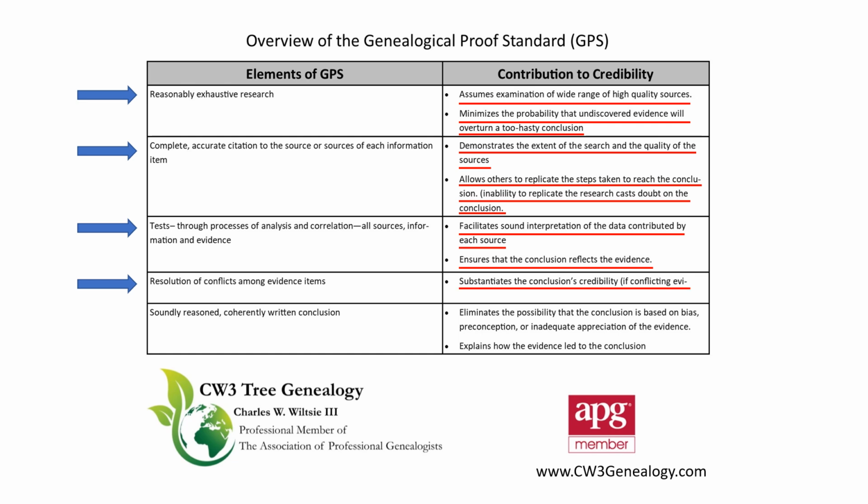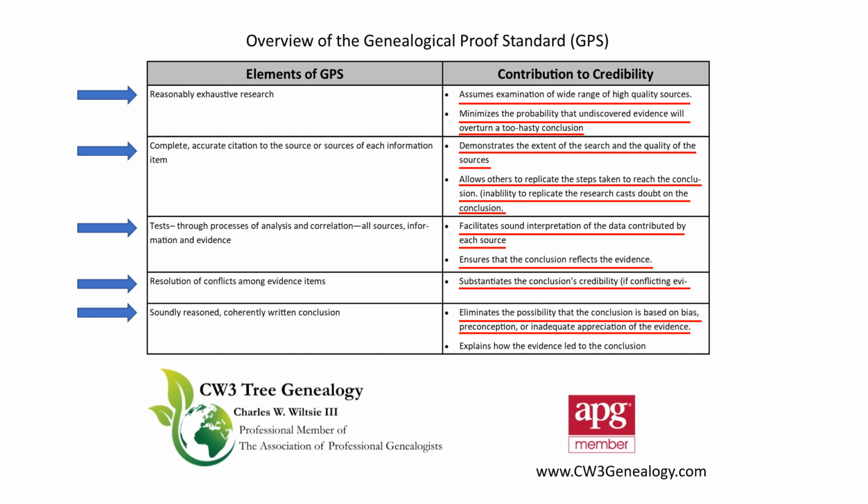So you have to substantiate your conclusion's credibility, and then a soundly reasoned, coherently written conclusion. That means it eliminates the possibility that the conclusion is based on bias, preconception, or inadequate appreciation of the evidence.